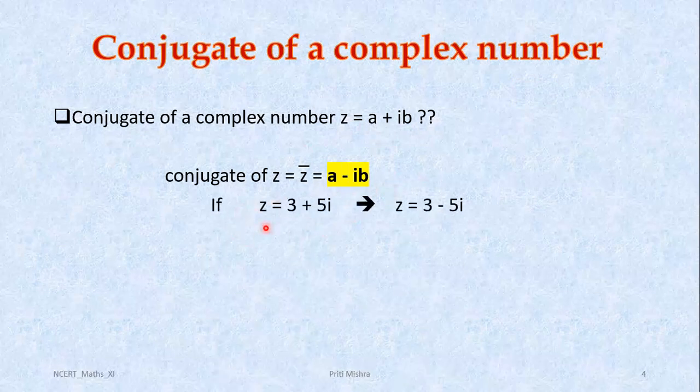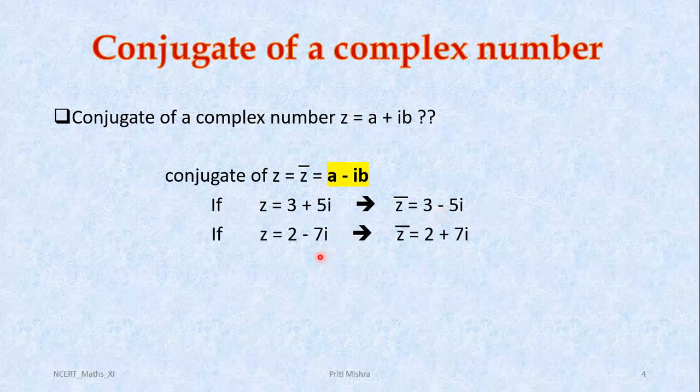If we have a complex number 3 plus 5i, then its conjugate will be z bar is equal to 3 minus 5i. The only difference we have to maintain is the sign between the real part and the imaginary part. Let's have another example.